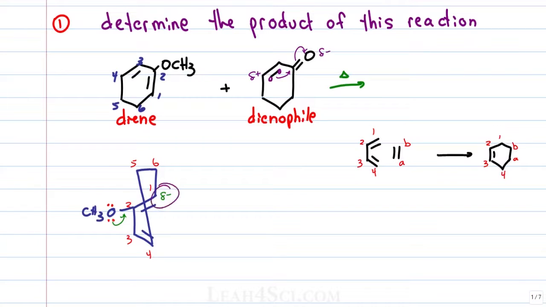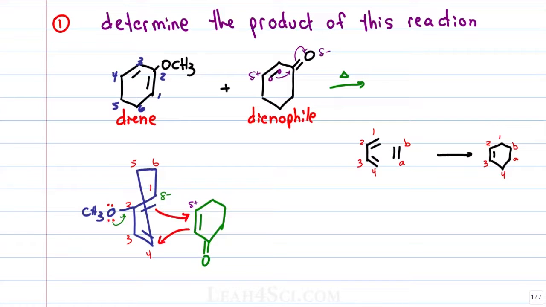If we have a partially negative carbon on the diene, we want to line up the more partially positive carbon of the dienophile next to that, and so we draw it as follows. We have the pi bond. This would be our partially positive, and that means the carbonyl is all the way down here.